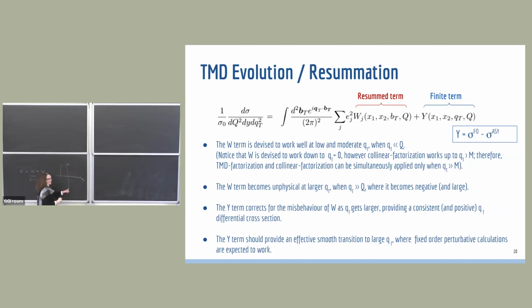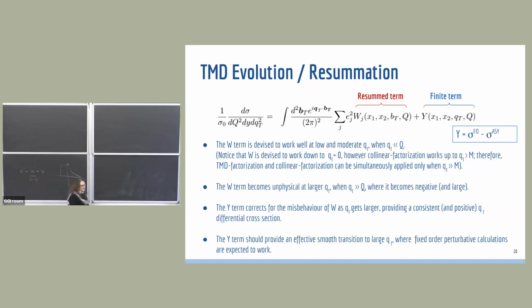When this happens, Y comes in and helps you. And what it does is it provides you with the contribution that you need to make your cross-section nice and smooth, and possibly match it to the large Qt tail, which you can compute.